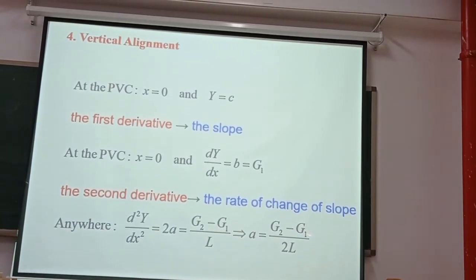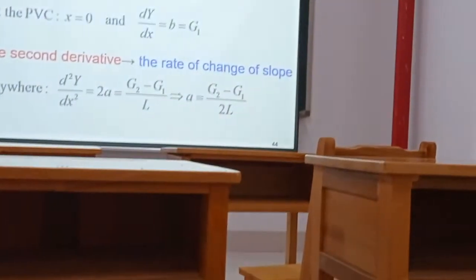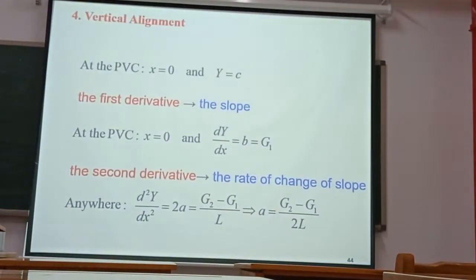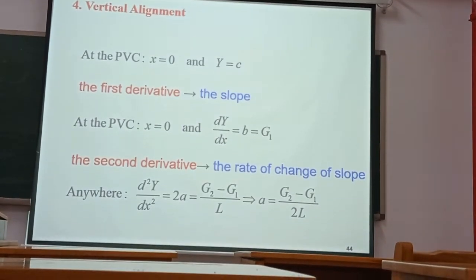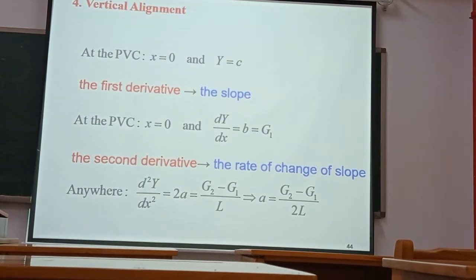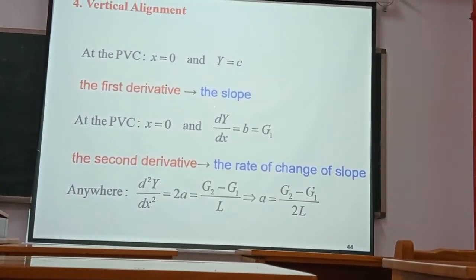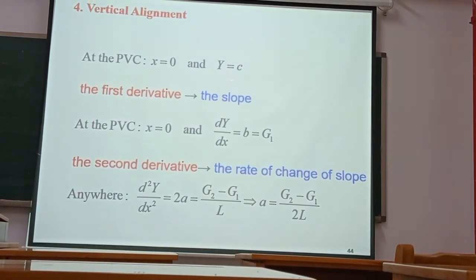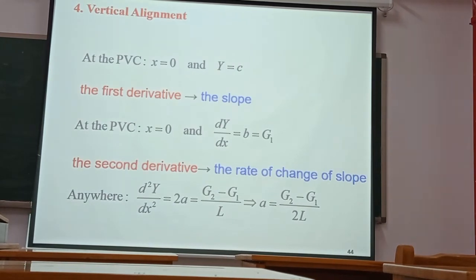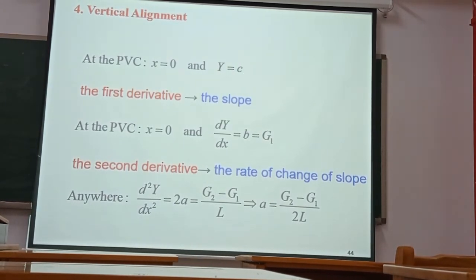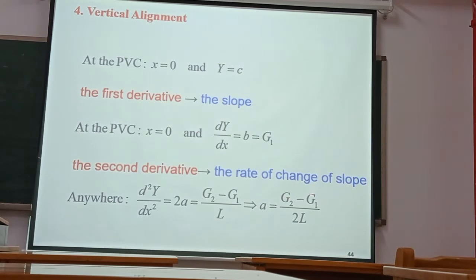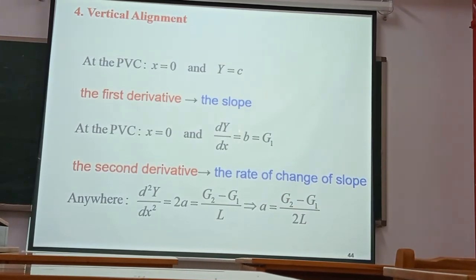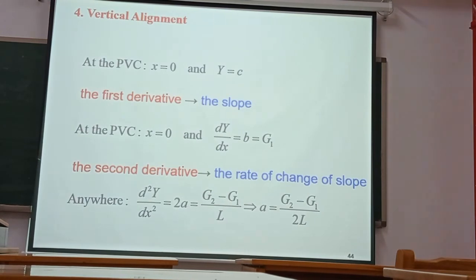Yes or no? Yeah. Okay. So we use this parabolic function, according to these conditions, to determine C, B, and A. When we know C, G1, G2, and L, we can get A, B, C.